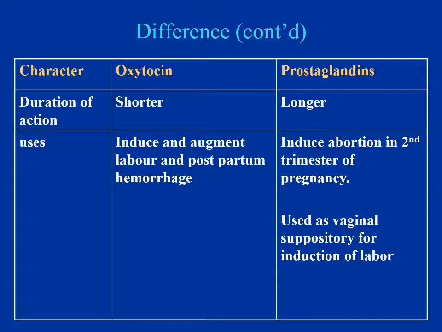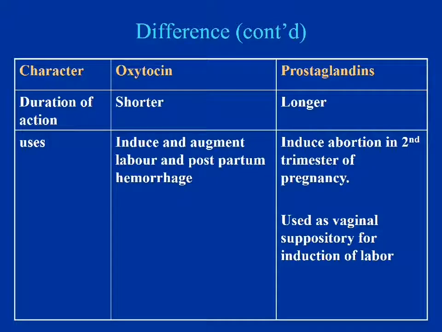What about the duration of action? Concerning oxytocin, it's shorter. Concerning prostaglandin, it is longer. What are the uses? Oxytocin induces and augments labor and treats postpartum hemorrhage. Prostaglandin induces abortion in the second trimester of pregnancy, used as a vaginal suppository.